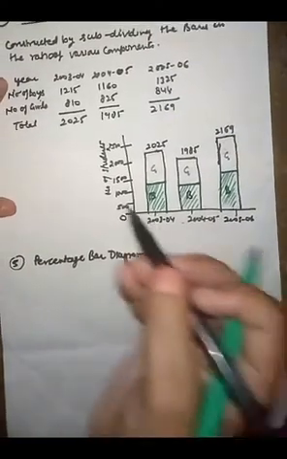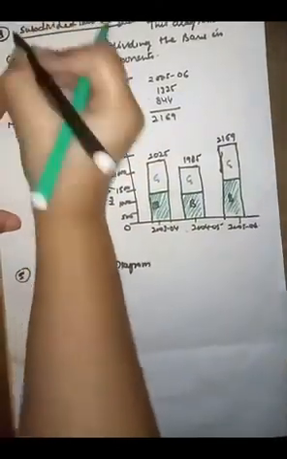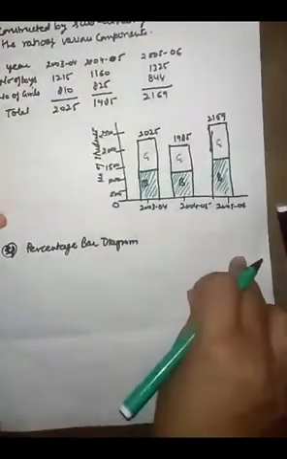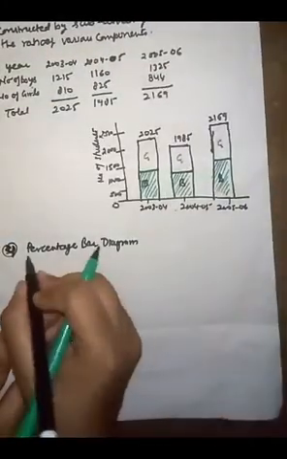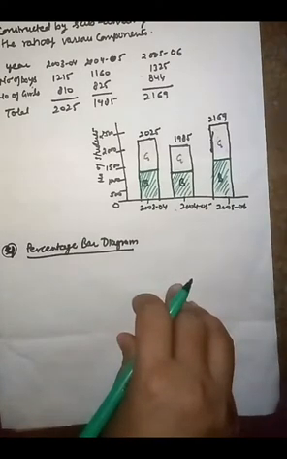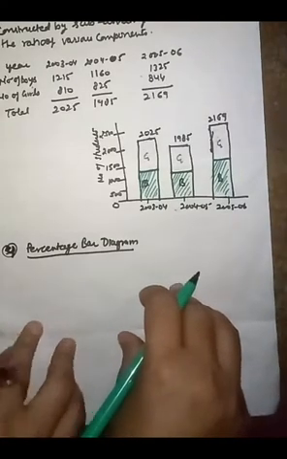I think this one is a numbering problem. This one is the third one, and this one is the fourth one. Percentage bar diagram.